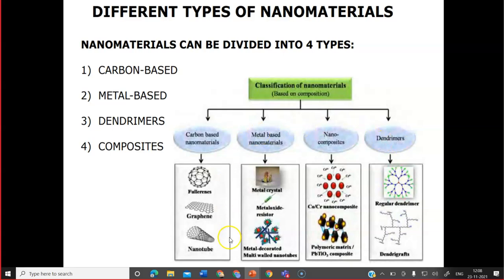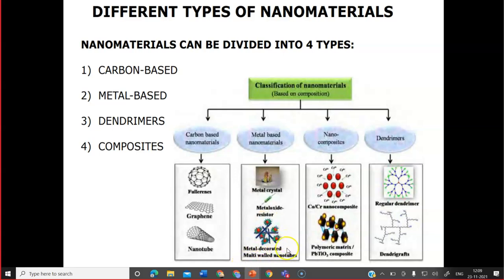Okay, so here carbon-based nanomaterials are there. Carbon-based nanomaterials means fullerenes, graphene, nanotubes. So we are going to study what is the difference between fullerenes, graphene, nanotube. So you have to prepare a short note for fullerenes, graphene, nanotubes. Then metal-based nanomaterials means metal crystals, metal oxide resistor, metal decorated multi-walled nanotubes.